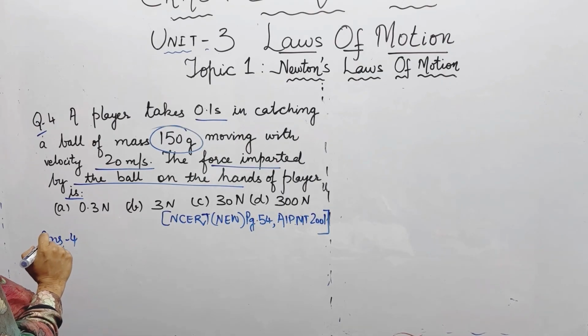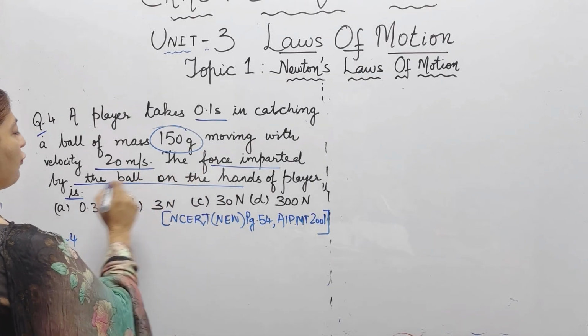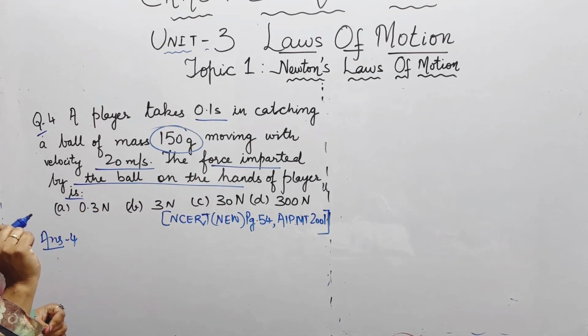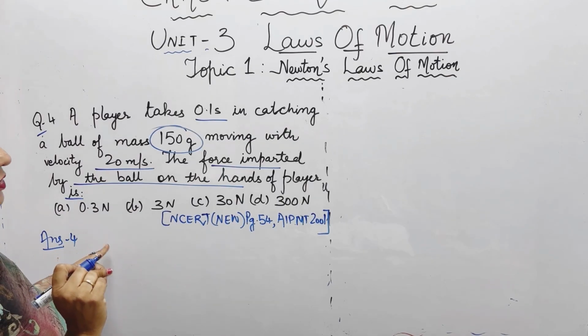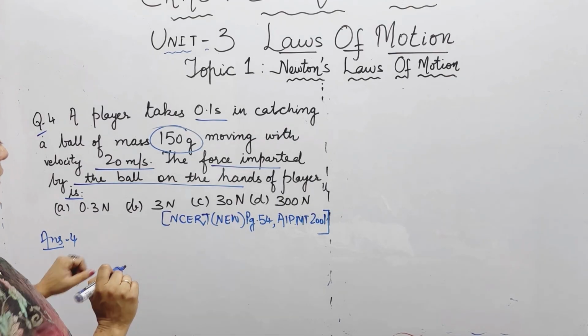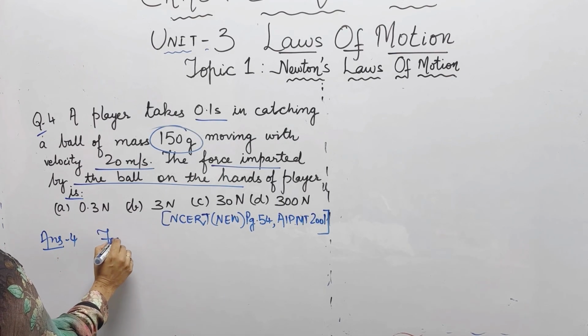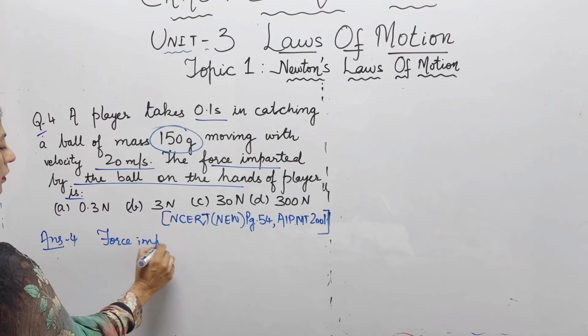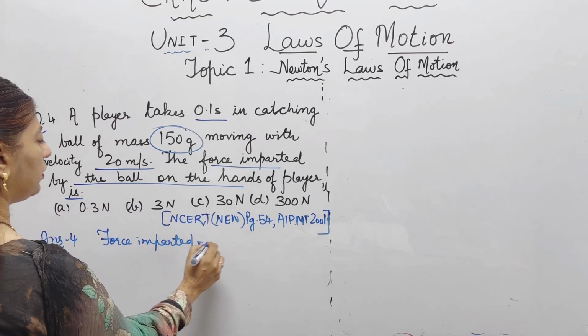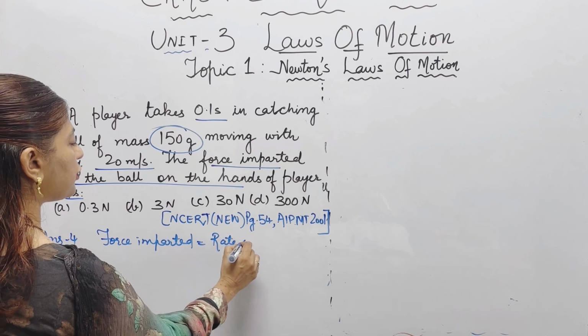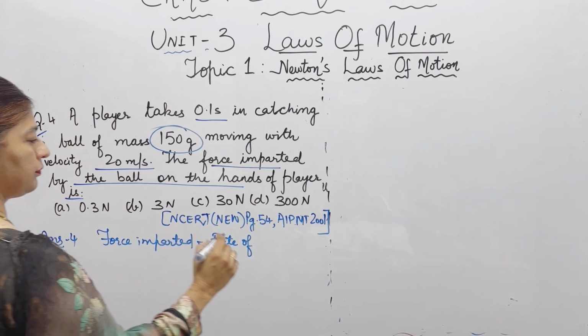So let us see what we have to find out. The force imparted. If you remember the important concepts that we have discussed before these questions, the force imparted is equal to the rate of change of momentum.